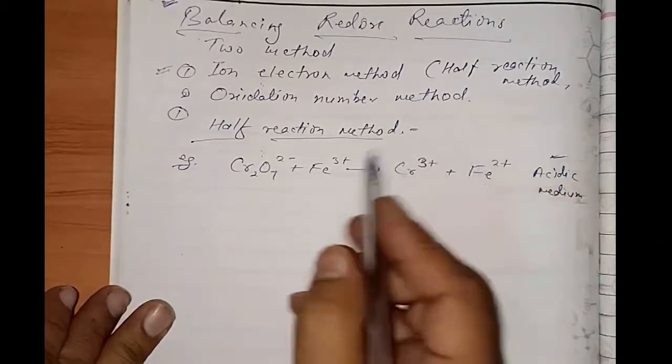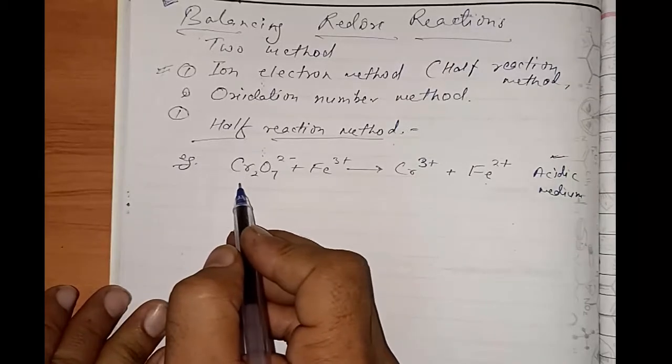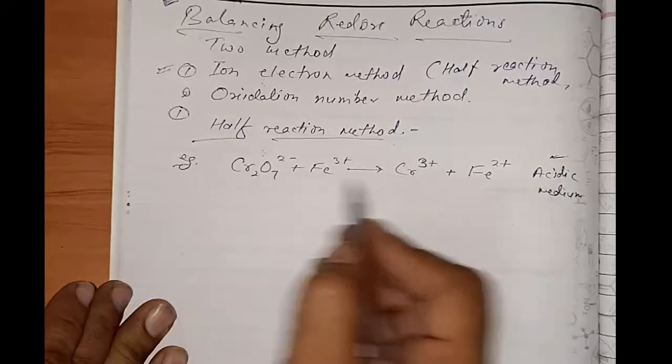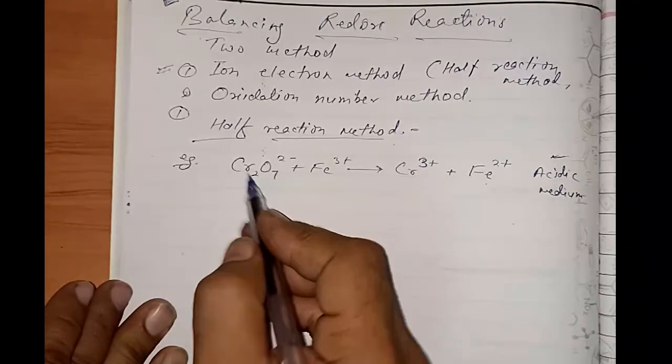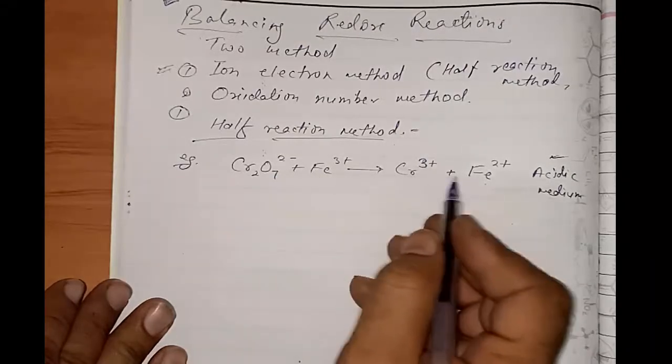Before starting, what we have to do is find the oxidation and reduction reaction. Because this is a redox reaction, half oxidation and half reduction are taking place.